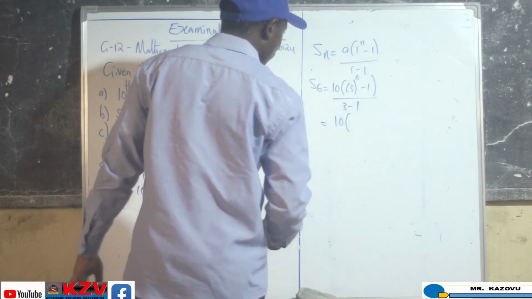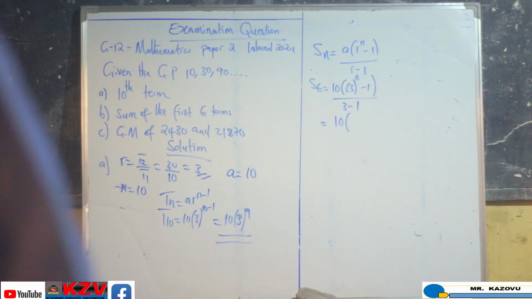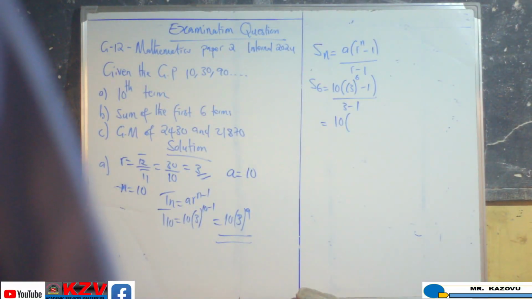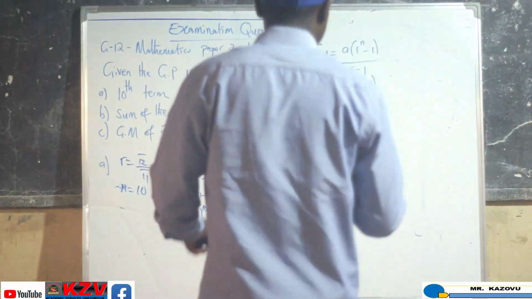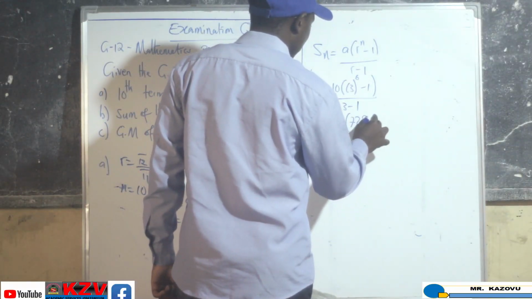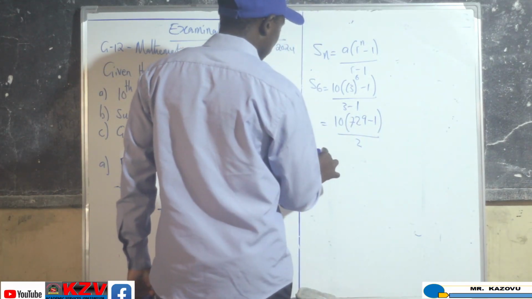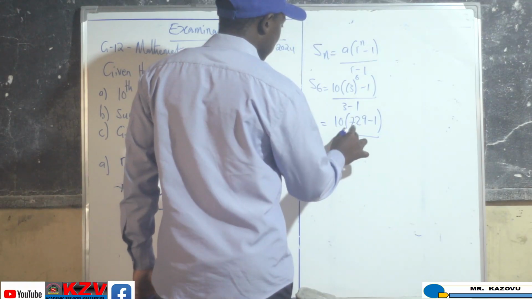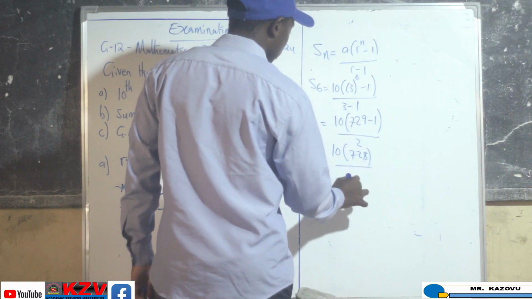What do we get, those with calculators? 3 to the power 6 is 729, minus 1. Over 3 minus 1, which is 2, isn't it? So here we have 10 there, and then 729 minus 1 is 728, over 2.